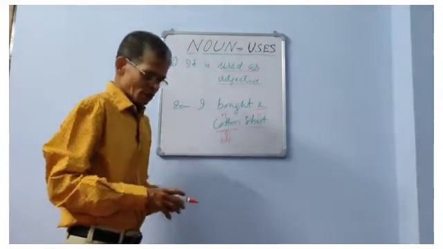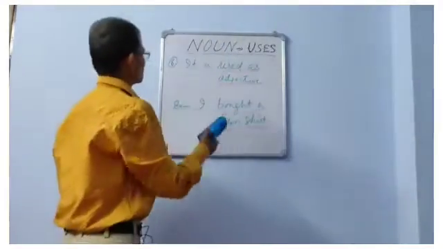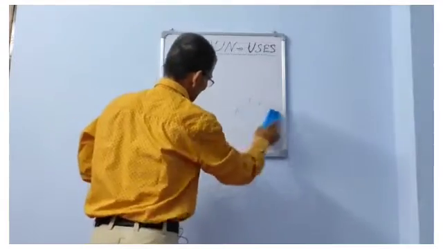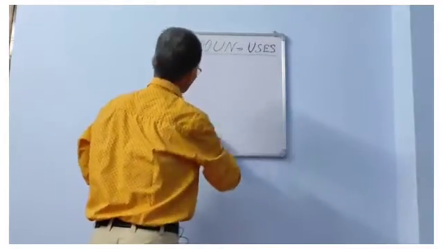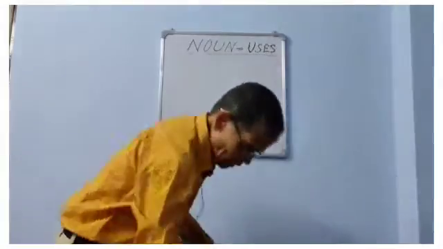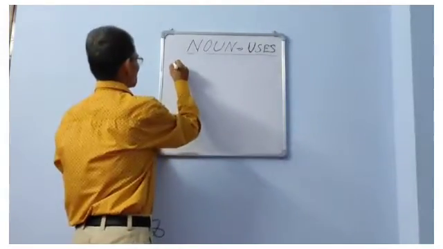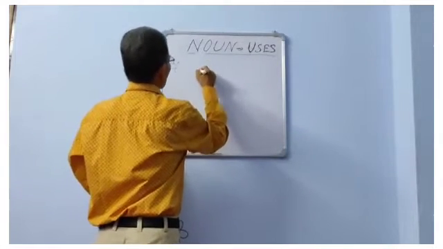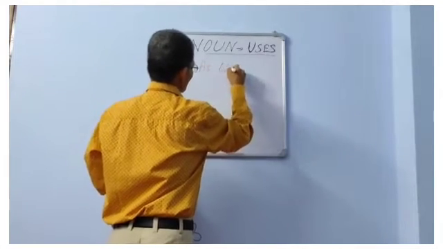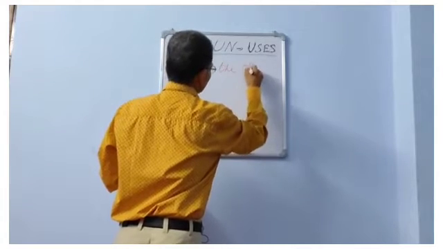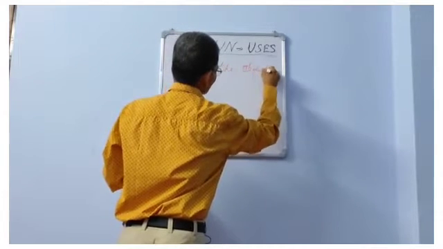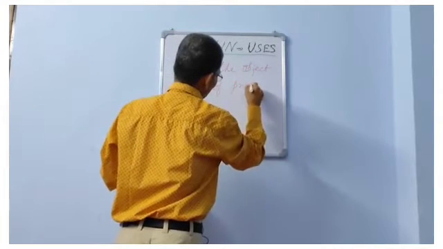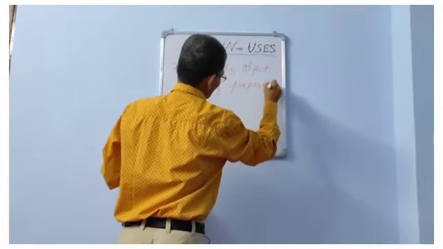Now come to the 7th use of noun. There are 10 different uses of nouns. The 7th use of noun is as the object of a preposition.